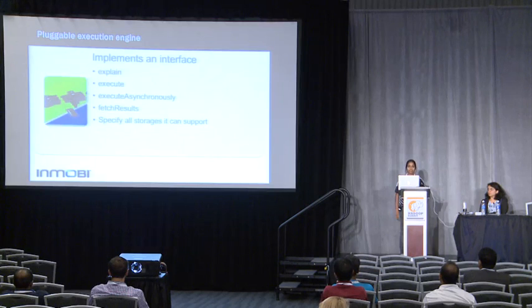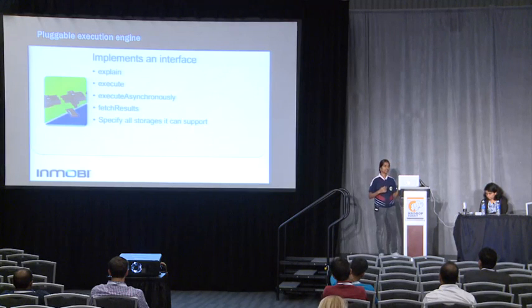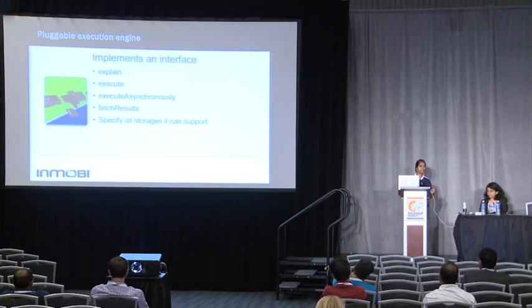If we have to write a new execution engine, we just have to implement the interface which says: explain your query, which gives a cost to it, execute the query, or execute asynchronously, fetch results from that engine, and specify all the storages that it can support. How the execution engine is linked to the storage is, in case of Hive, it would say that I support HDFS and HBase and S3.